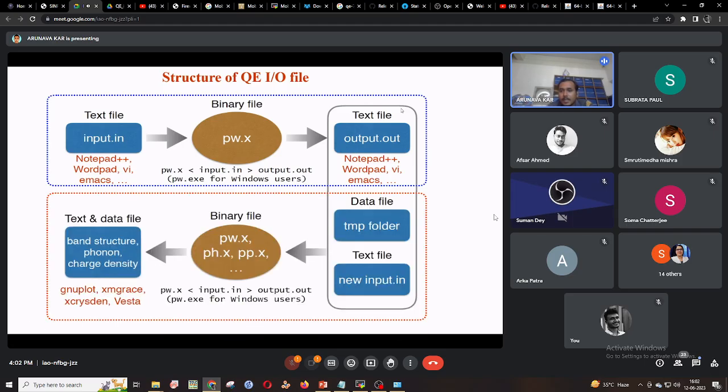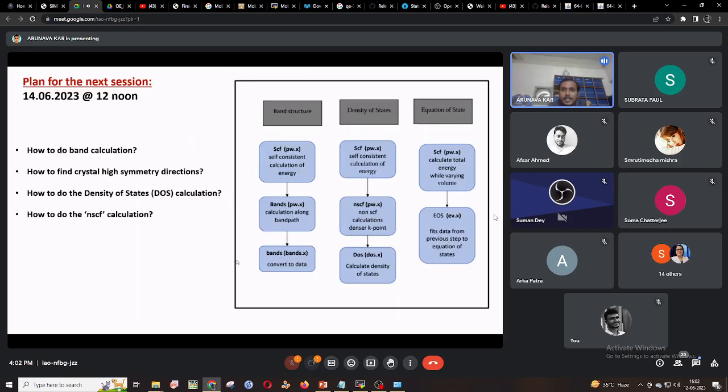Now, in the next session, from this output file we can get the data. And from the data, we can do post-processing for band structure and density of state calculations, which we can do through gnuplot, Origin, and similar tools. We'll discuss this in the next session. In the next session, we'll do band calculation.